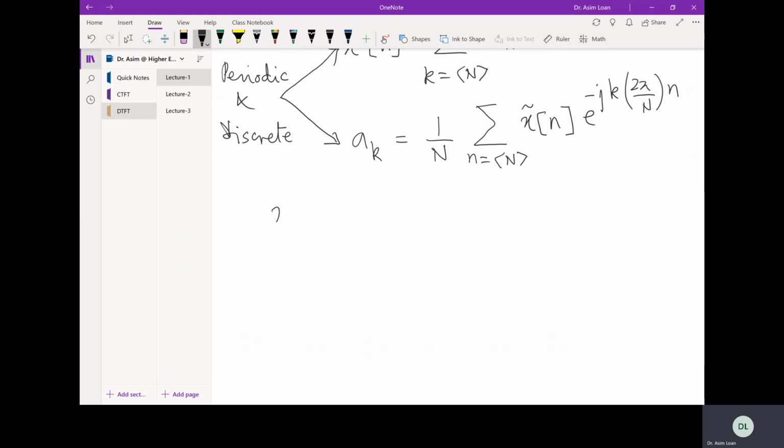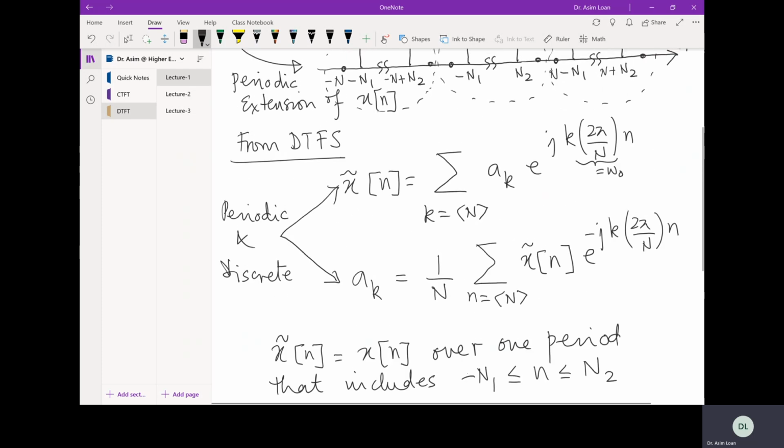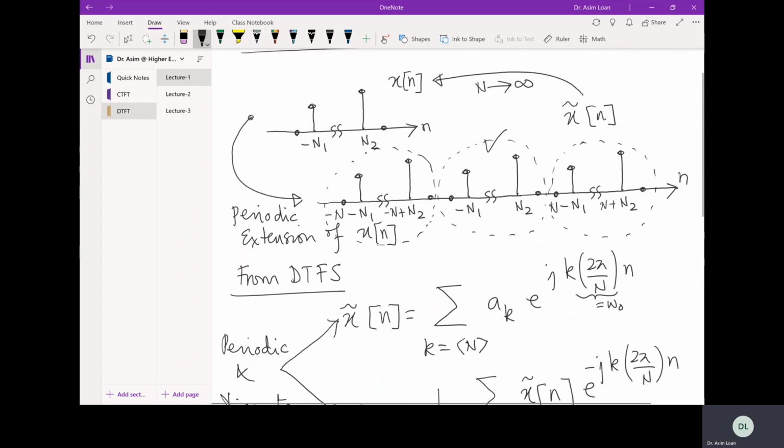Okay, x tilde of n equals x of n over one period that includes minus n1 less than n less than n2, and this is this one.